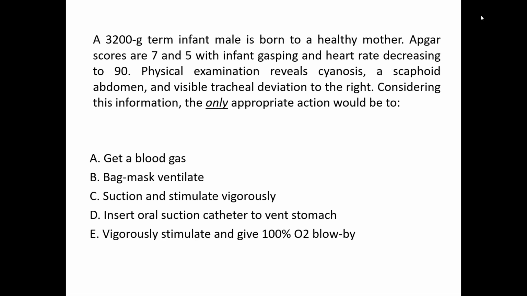A 3,200 gram term infant male is born to a healthy mother. APGAR scores are 7 and 5. The infant is gasping, heart rate decreasing to 90. Physical exam reveals cyanosis, a scaphoid abdomen, and visible tracheal deviation to the right.